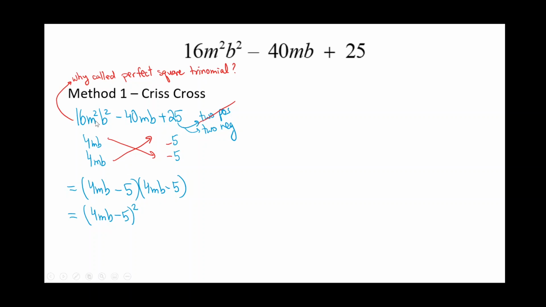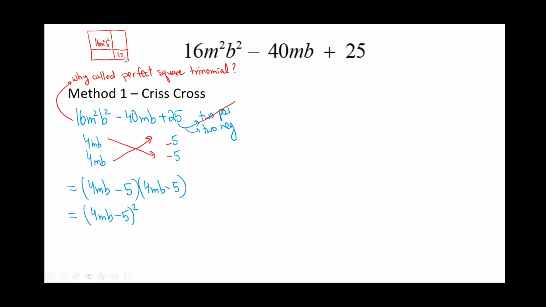Now, why is this trinomial called the perfect square trinomial? I'm going to show you a visual that is often used with these. It's actually going to be a perfect square instead of a rectangle when we factor this. If we put the first term in the top corner, inside this bigger square is another smaller square, and the last one, 25, is in the bottom corner.